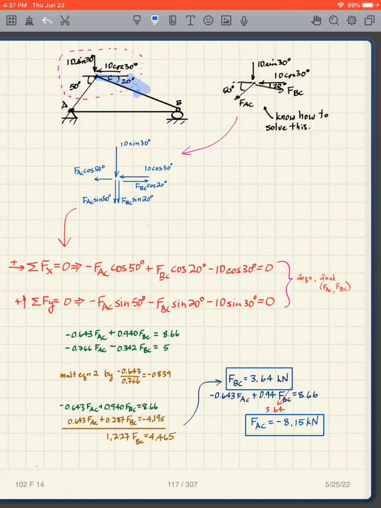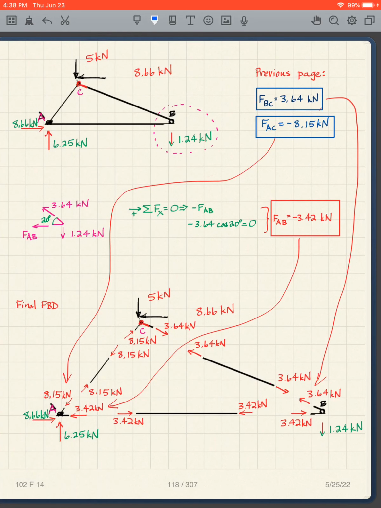Pulls on the point. So when I'm evaluating point B, it's pulling on that point. So that's how I show it. 3.64 pulling on that point. And there's a reaction that we got. So the only thing that I don't know here is FAB.